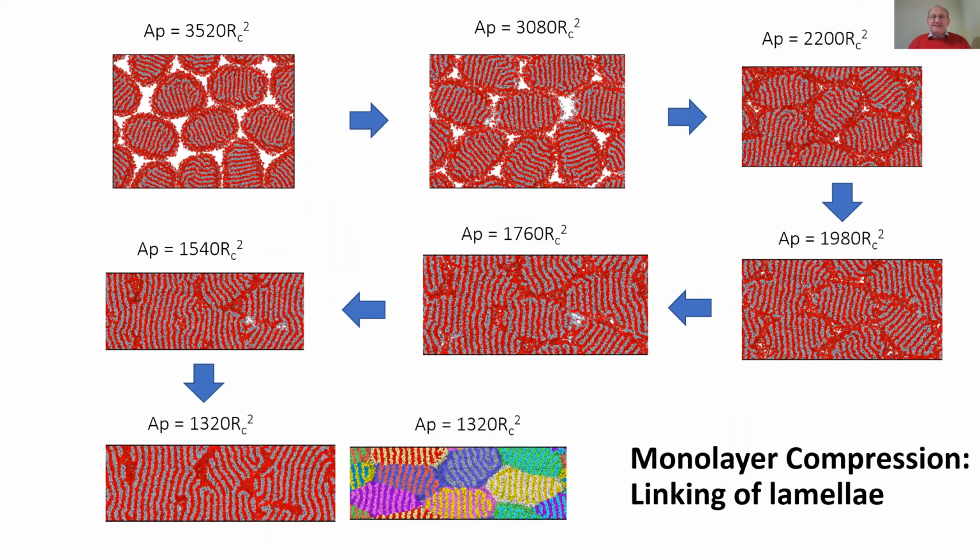But this is not the case if we consider a microgel with stiffer lamellae. And the question which we address is how the lamellar structure changes in a monolayer upon its compression. Indeed, if you look at the structure of an individual microgel adsorbed on the surface, we first of all observe some deformation of the microgel.